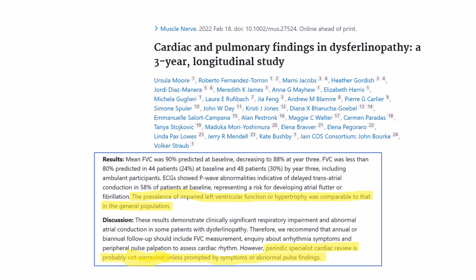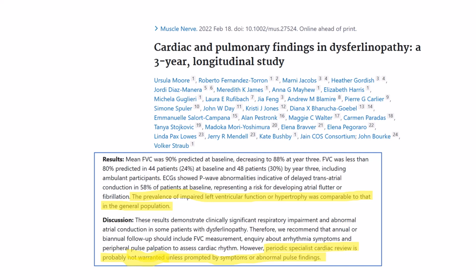This is a paper that actually came out just a few days ago, reporting on heart as well as lung function in LGMD 2B/R2. And their conclusion is that impaired left ventricle function, cardiomyopathy, was comparable to that of the general population, who don't have muscular dystrophy.